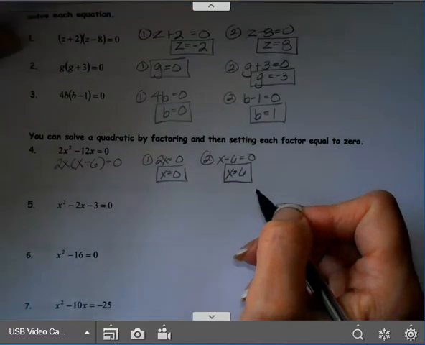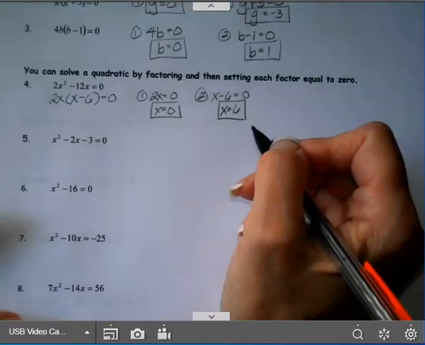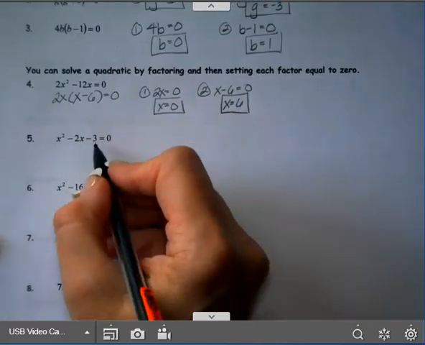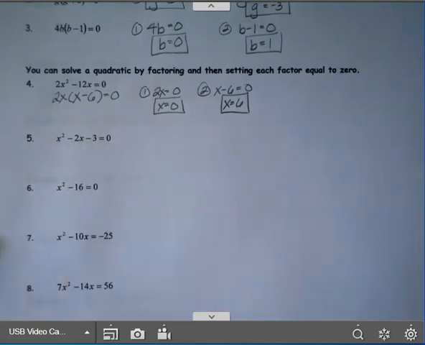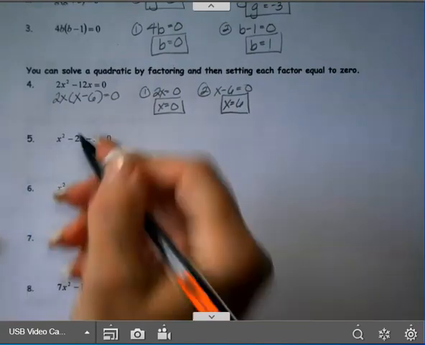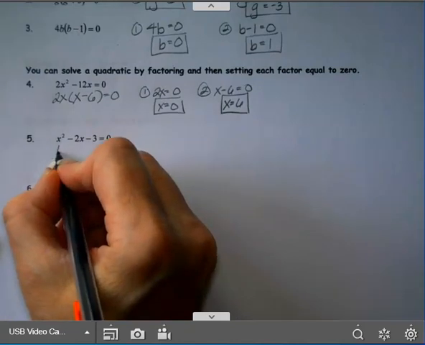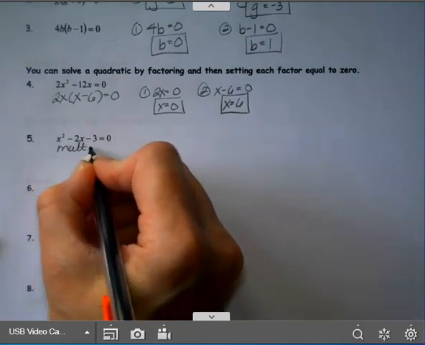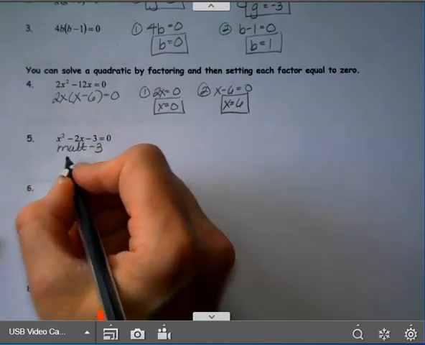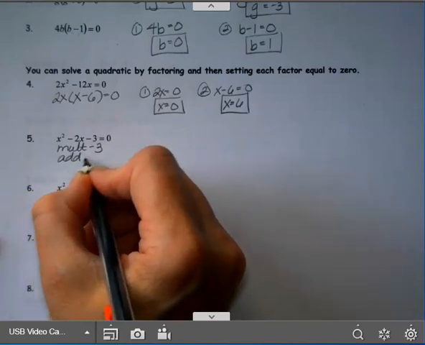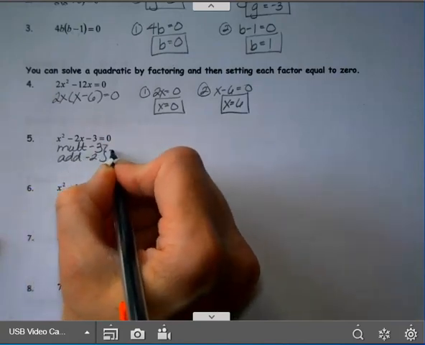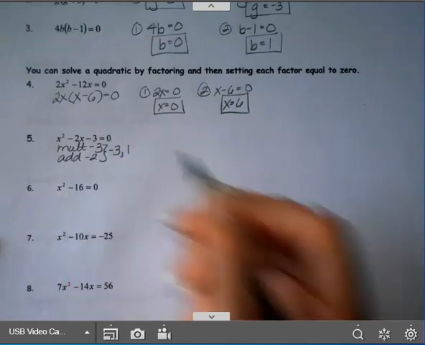For the next one, I don't have the greatest common factor on this one, but I do have a product sum. So it would need to multiply to -3 and add to -2. My numbers are -3 and +1 that do that.